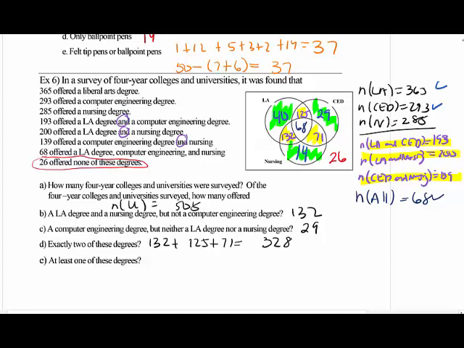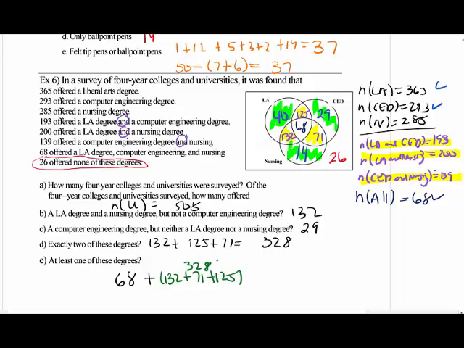At least one of the degrees means that we are adding up all of the pieces. So again, offering all three would be 68. Offering pairs of them, meaning only 2 services, 132, 71, 125, which we already just said was 328.